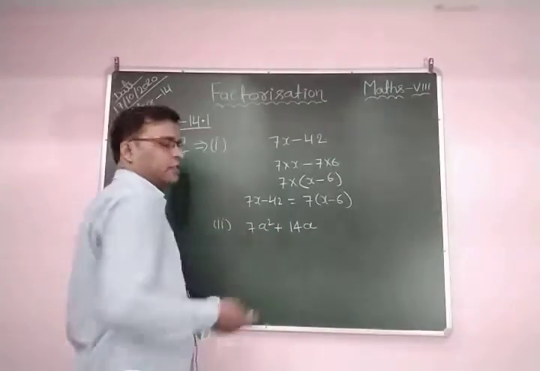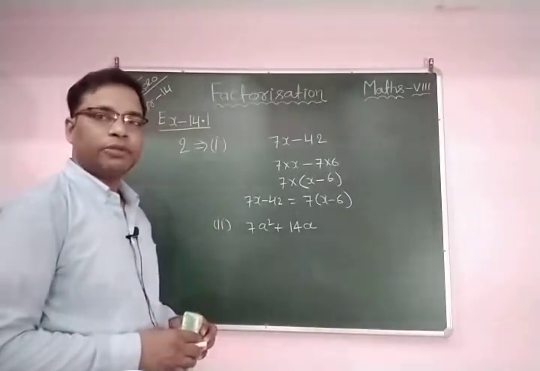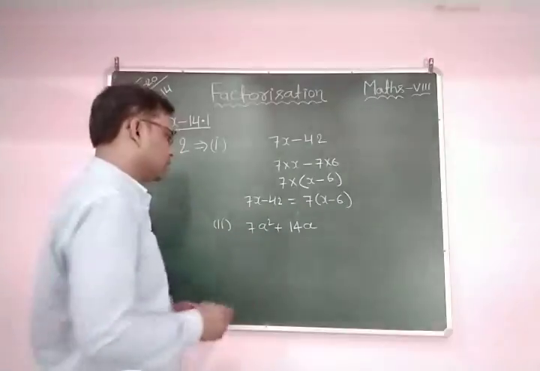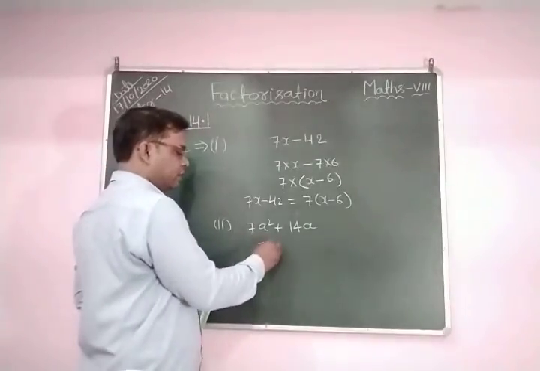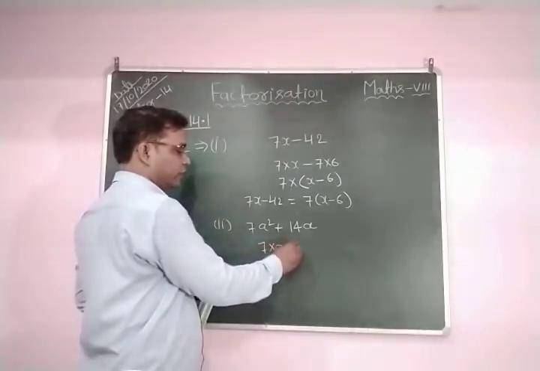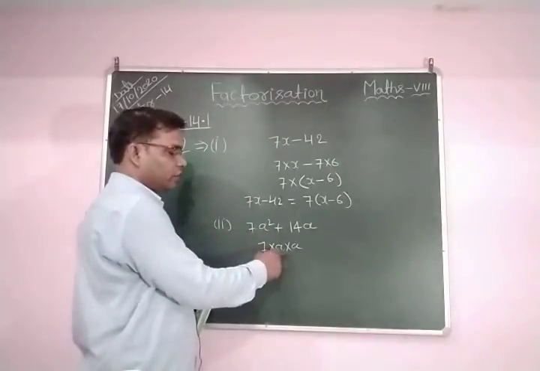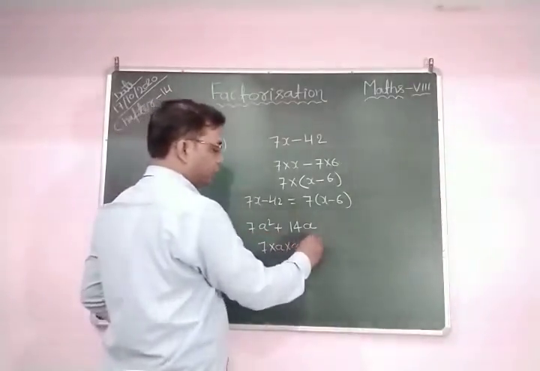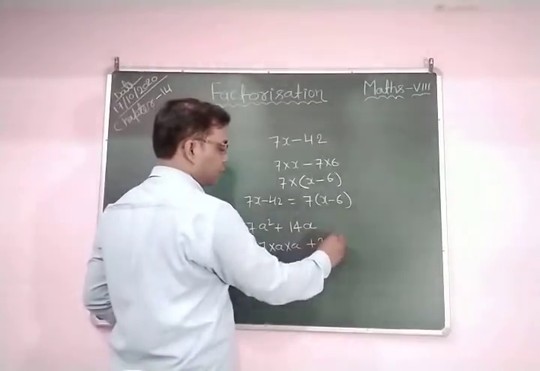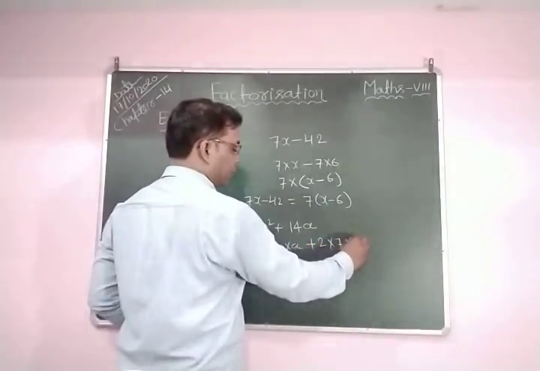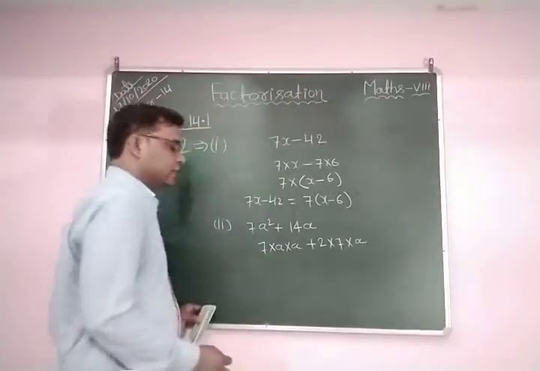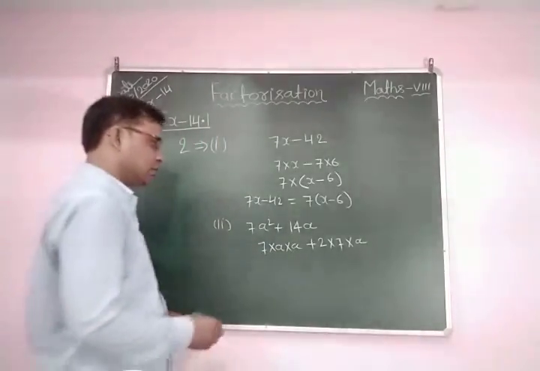First we express it as a product of irreducible factors. You write 7 into a into a. 7a square means 7 into a into a, and 14a means 2 into 7 into a. So what is common between them? The common factor is 7a.